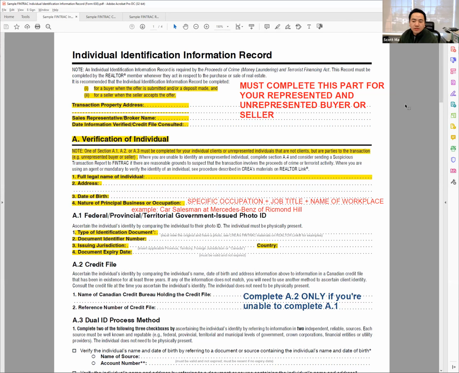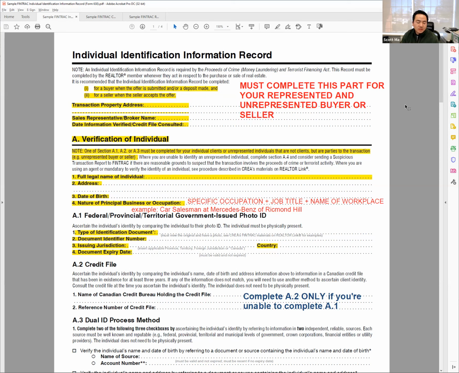Maybe before we start going to the forms, I will just go over what is FINTRAC, why do we have this? We have enough forms to make our lives difficult for every transaction. Why do we have to fill this other form? So FINTRAC is the Financial Transactions and Reporting Analysis Center of Canada. That's what it stands for.